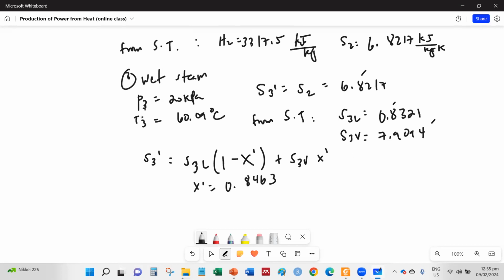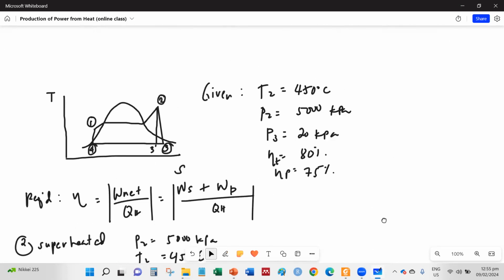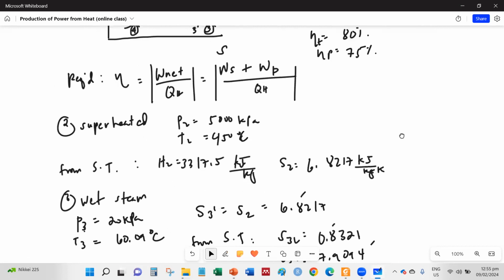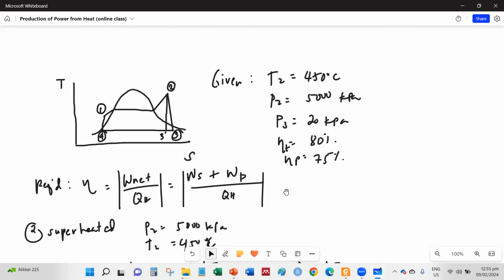What are we looking for again? The efficiency of the cycle. So let's go back to this equation.